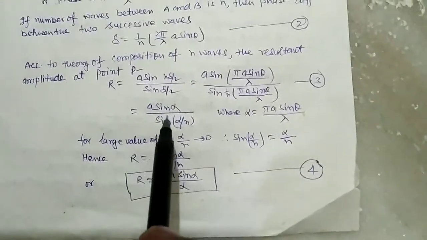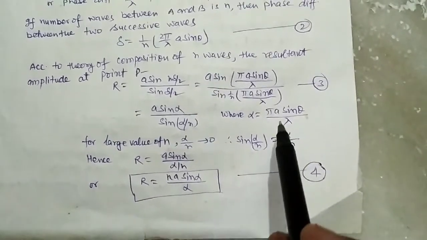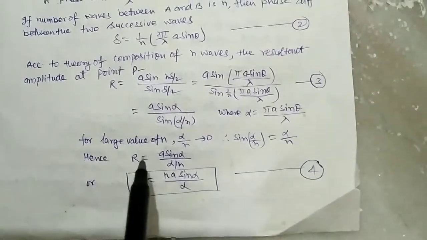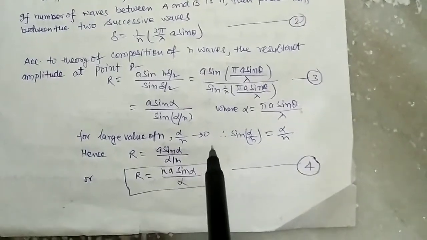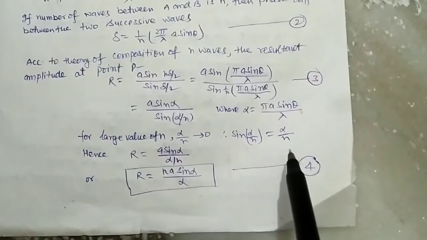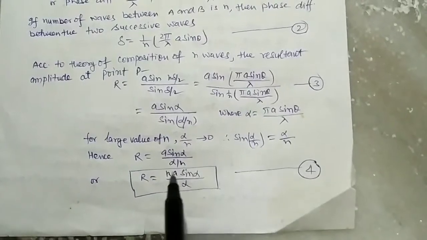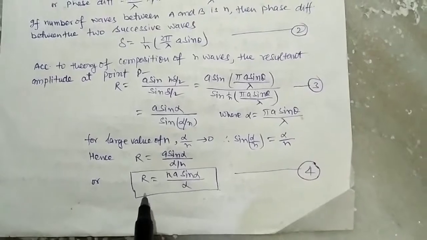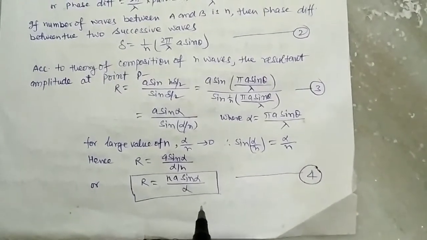Or R is equal to a sin alpha upon sin(alpha upon n), where alpha is equal to pi a sin theta upon lambda. For large value of n, alpha upon n will tend to 0. Therefore, sin(alpha upon n) is equal to alpha upon n. Hence, R is equal to a sin alpha upon alpha upon n, or R, that is the resultant amplitude, is equal to n a sin alpha upon alpha.